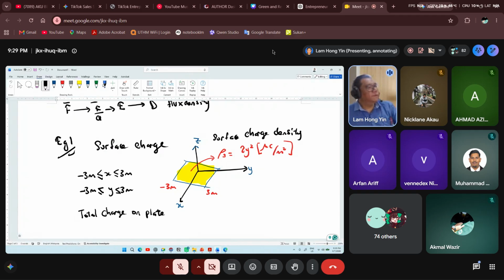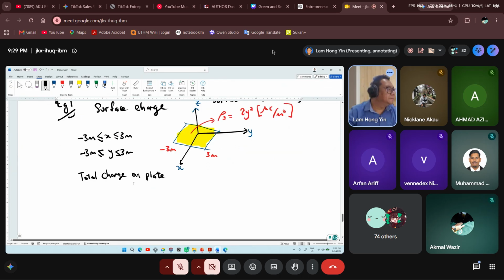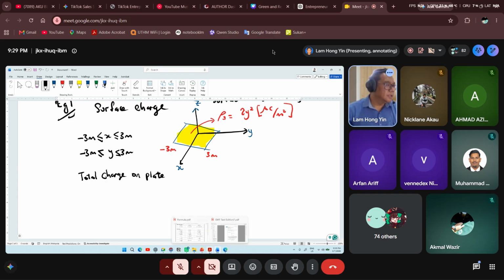So how do you want to solve this, from the ones that we learned before? Let's look at the formula first.